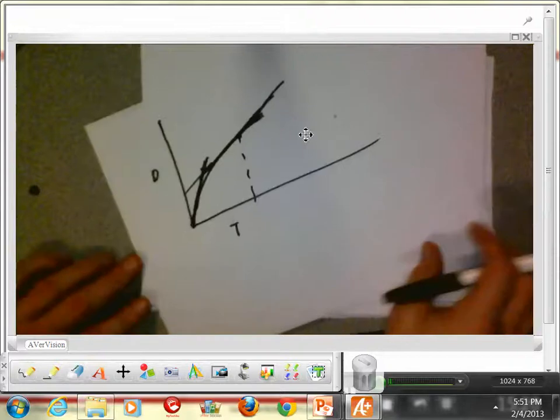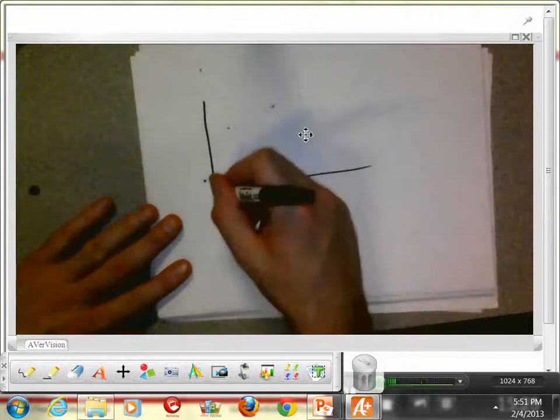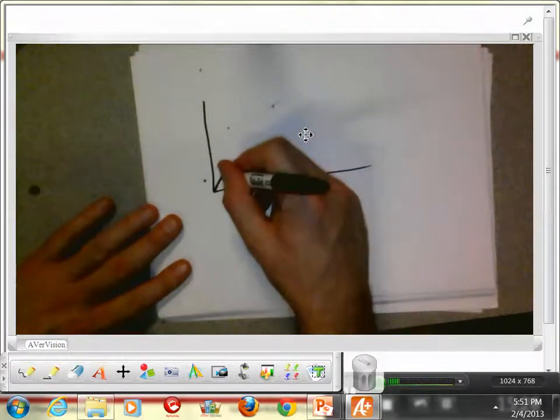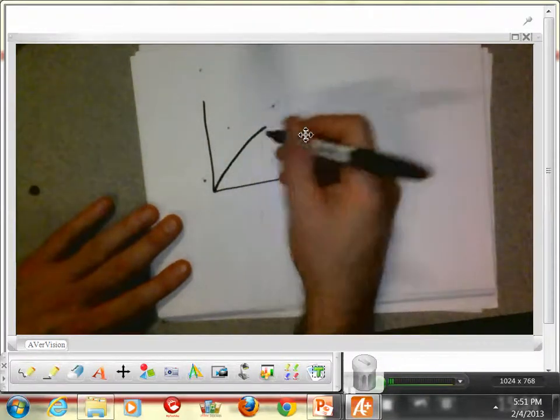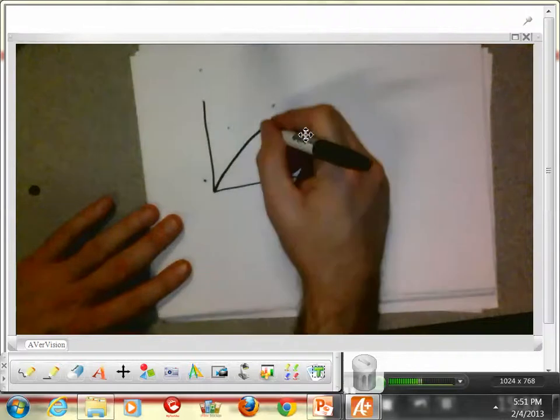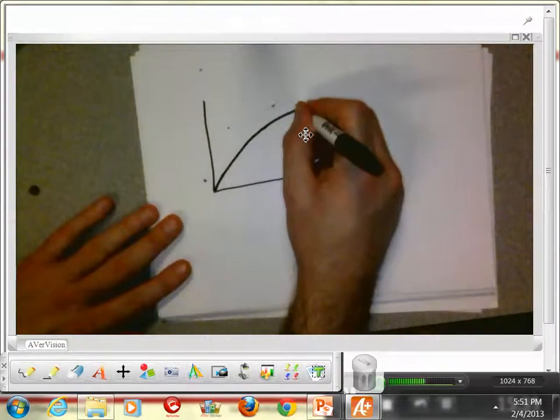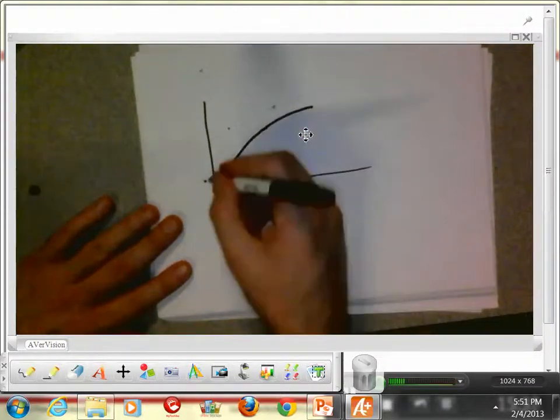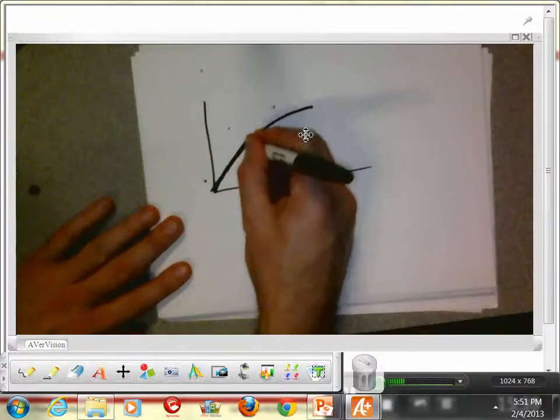Let me just redraw that. I'm running out of paper space over there. Over on this curve, the first derivative is positive because it's going up, and as the guy in the second row over here said, the second derivative is negative because the derivative is getting less steep, so the derivative is going down.